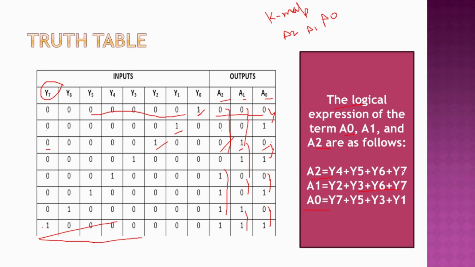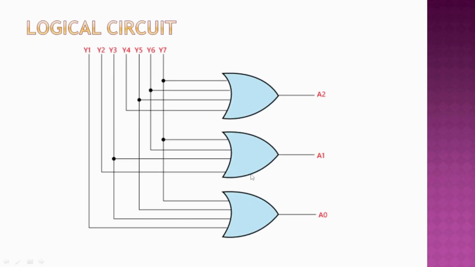With the help of these three equations, you can draw the logical diagram for the 8 by 3 encoder. In this diagram we mention only the inputs y1 to y7.